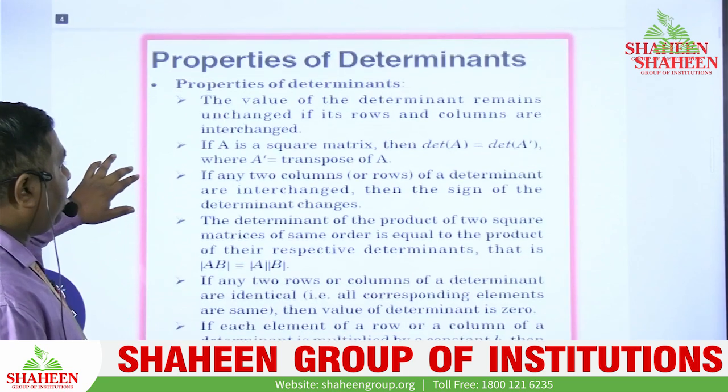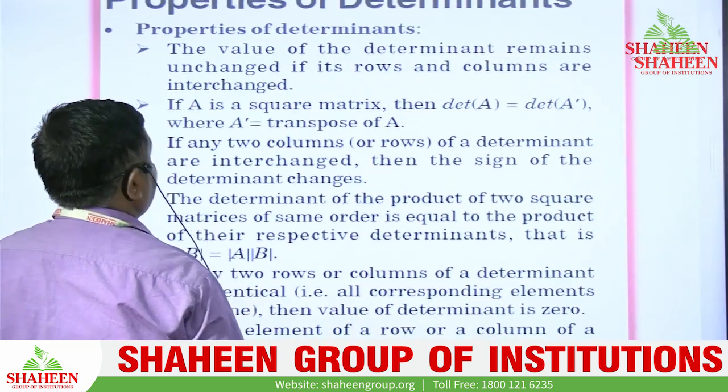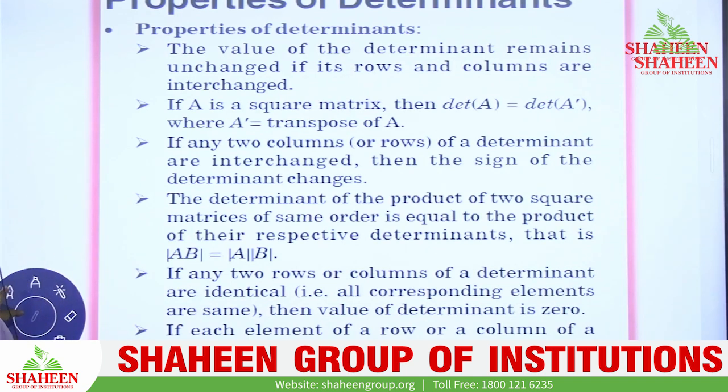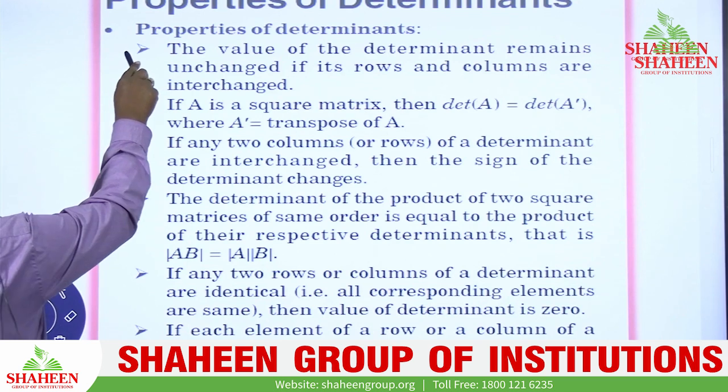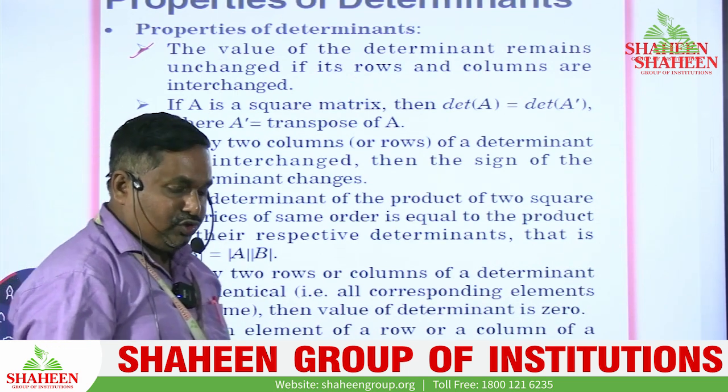Now the properties of determinants, we will discuss one by one the properties. The first property is the value of the determinant remains unchanged if its rows and columns are interchanged.